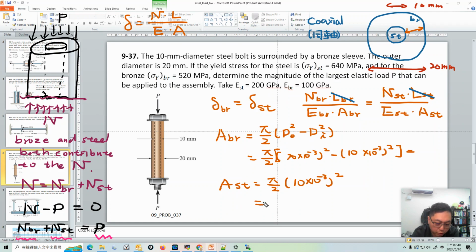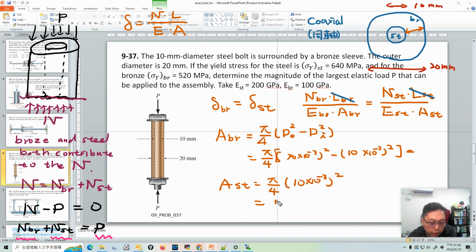If you use your calculator correctly... sorry, this is not 2. Because of this diameter, this should be 4. Yeah, you have to be really careful using the formula, or you'll get a totally wrong answer. Pi r squared. So first of all, what's the area for the steel part?